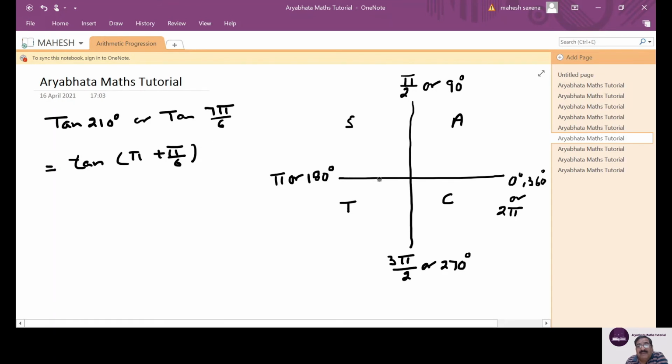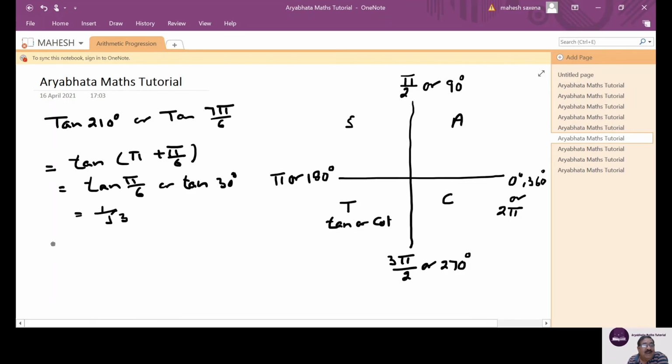Pi plus pi by 6 is coming in the third quadrant. Therefore, in this case, tan and cot will be positive and the remaining will be negative. Therefore, its value is tan pi by 6, or tan 30 degree, and its value is 1 upon root 3.